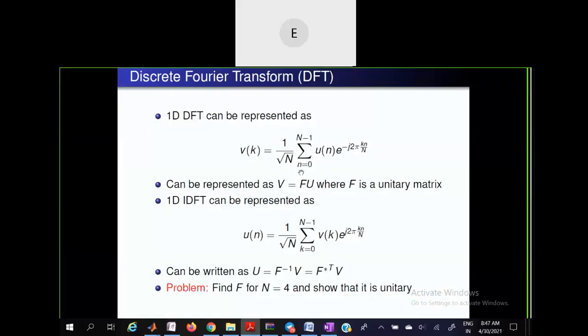So there is 1 by root N, summation 0 to N minus 1, time domain signal and your basis function. This is the forward transform, and all of you know this can be represented as V is equal to F into U, where F is the unitary matrix. I am now changing the nomenclature.